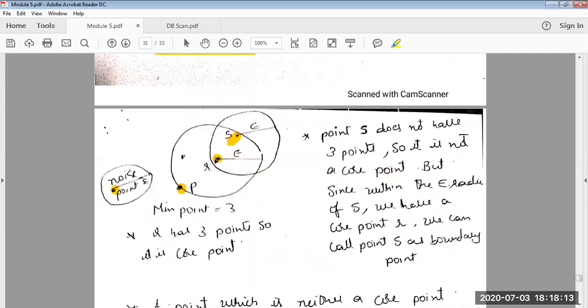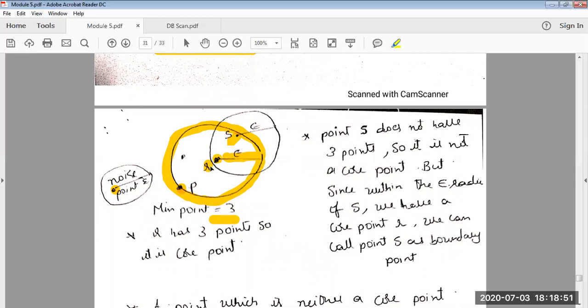Now consider this point R. Can I declare point R as a core point? That's the question. We have already seen the criteria for declaring a specific point as a core point. I can declare point R as a core point only if, within the epsilon distance radius, I'm drawing a circle, and within the circle there are the minimum points as given as input to the algorithm. Assume that the minimum points are 3. Now check how many points are falling within the circle.